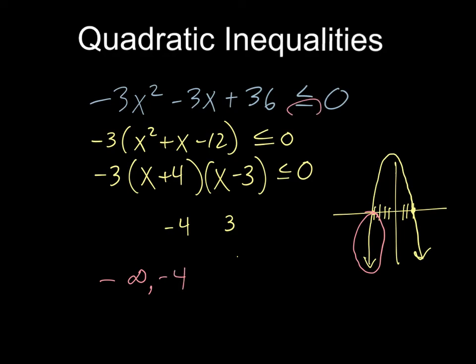Now, because of this or equal to, that means negative 4 does make it true. So I'm going to do square brackets around the negative 4. Infinity always gets round parentheses because infinity is not really a real number, so it's not included in the interval. It just means that I go forever to the left. Now that's also going to include everything from 3 up.